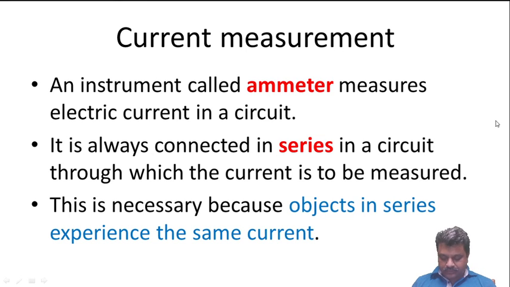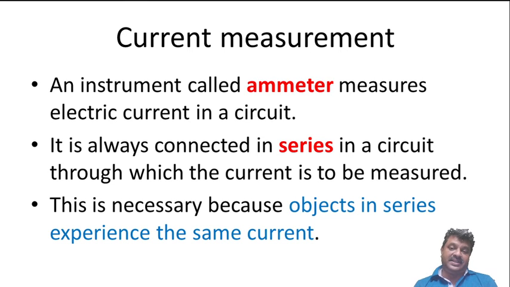Now, how do we measure current? To measure current, we use an instrument called an ammeter. An ammeter is always connected in series in a circuit in order to measure the current. Why do we have to connect the ammeter only in series? Why not in parallel?